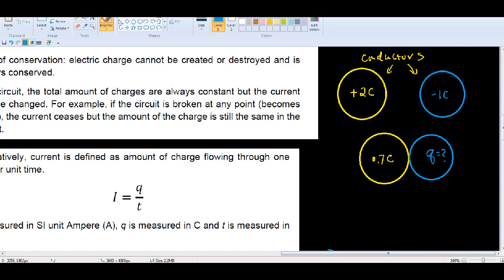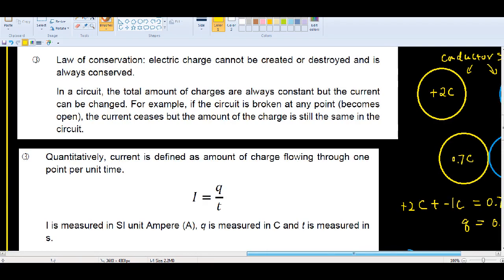You can always apply the law of conservation. So plus 2C plus minus 1C will equal 0.7C plus Q, and that Q will be 0.3C. Okay, so that's how we use the law of conservation.